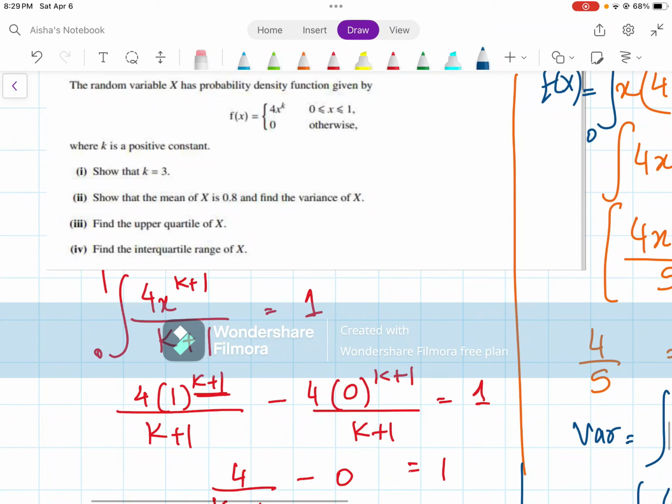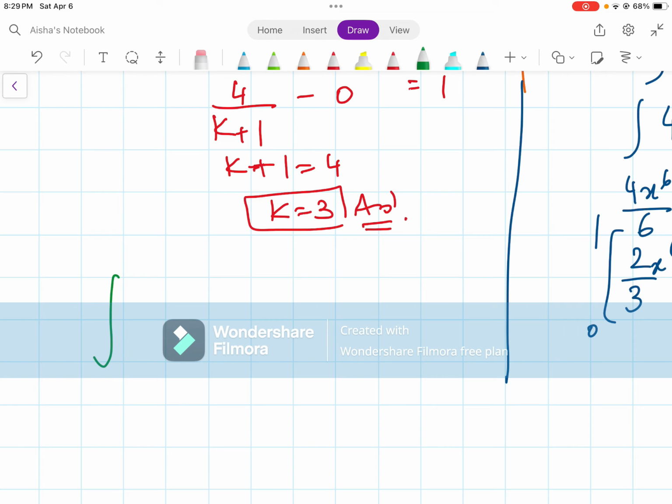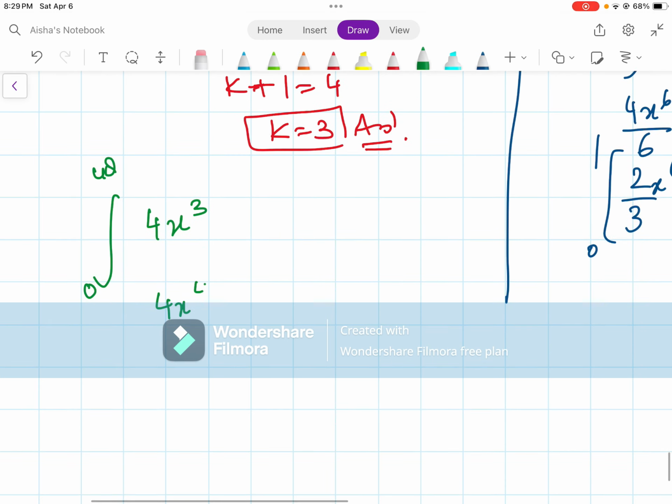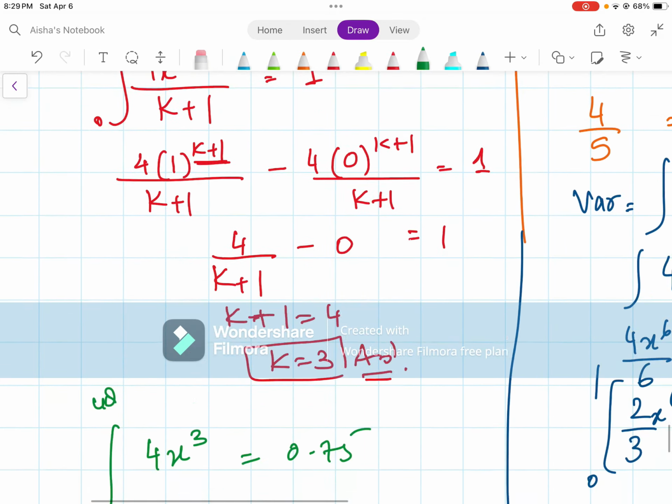Find the upper quartile of x and find the interquartile range of x. The area for upper quartile is always 0.75. Now the next is find the interquartile range.